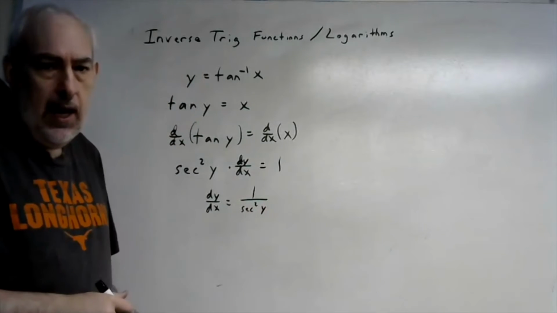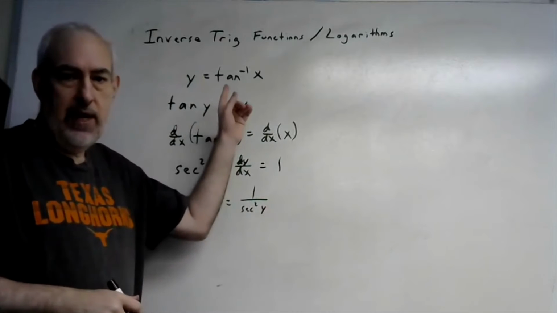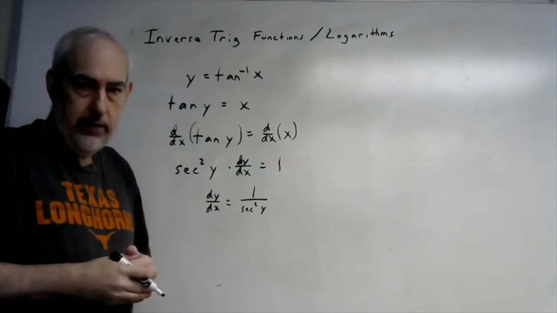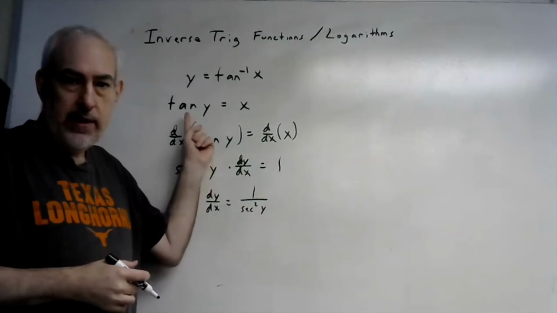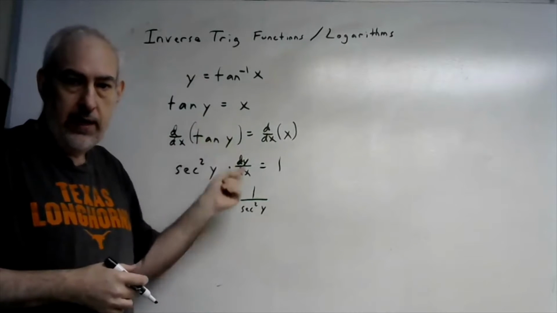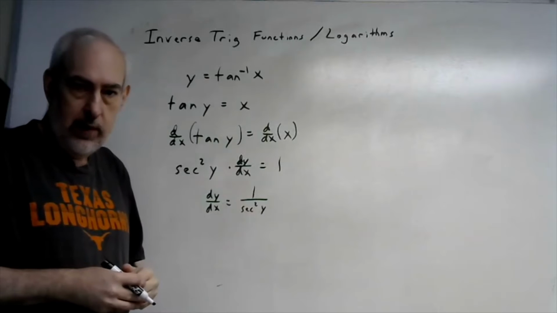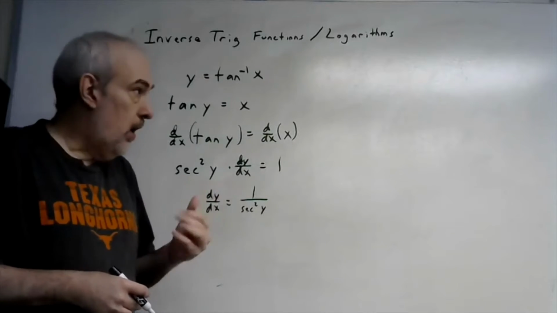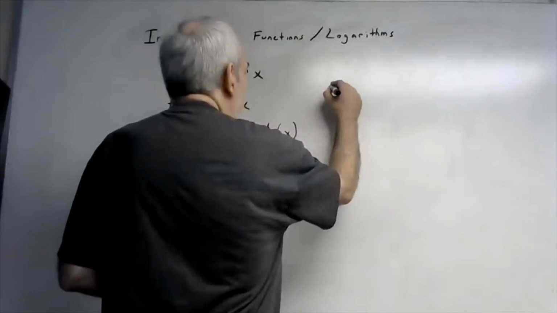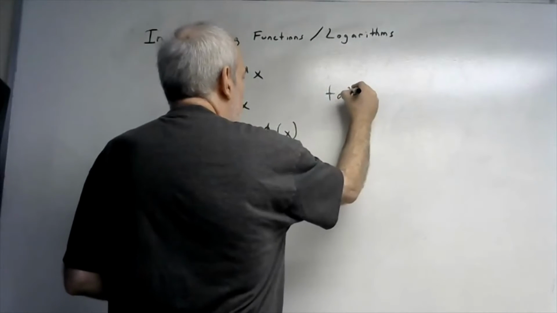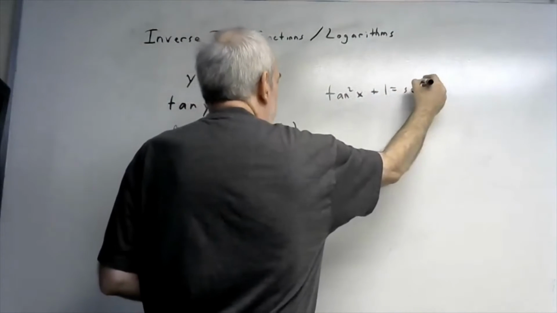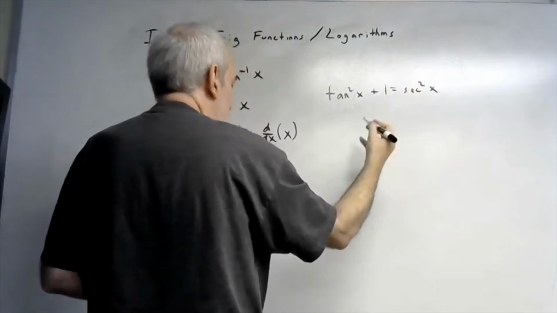However, I would rather have this written as a function of x instead of a function of y, so we need to simplify this, okay? Now, I know what tangent of y is. Tangent of y is x, but I want to figure out what secant squared of y is, and that leads me to remember our Pythagorean identities. One of the Pythagorean identities is tangent squared plus 1 is equal to secant squared.